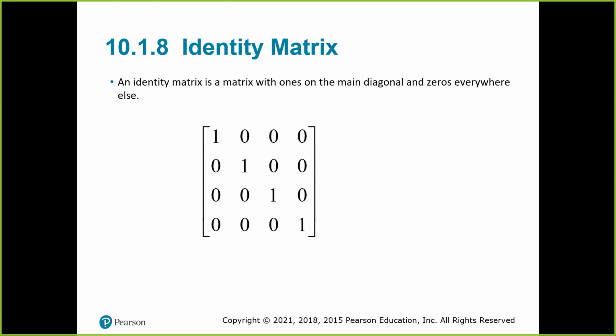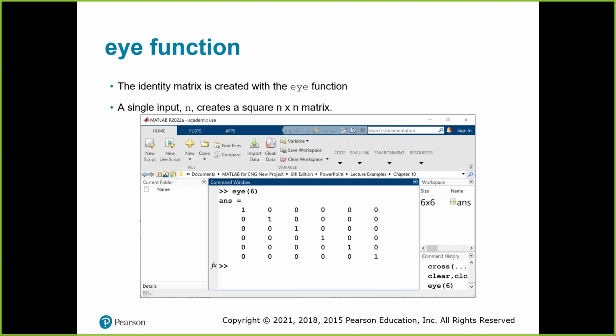Okay, so I don't know why we're doing the identity matrix again. We already did it once about 5-10 slides ago, but here it is again, just an encore presentation. The identity matrix is one with ones on the diagonal and zeros everywhere else. You can create this with a function called eye, and if you put in a scalar value, like 6, it'll build you a 6 by 6.